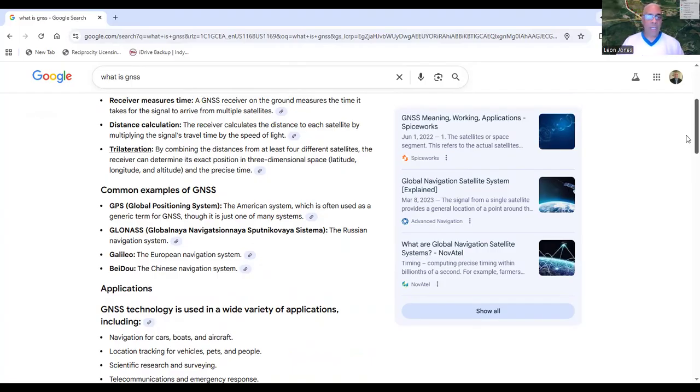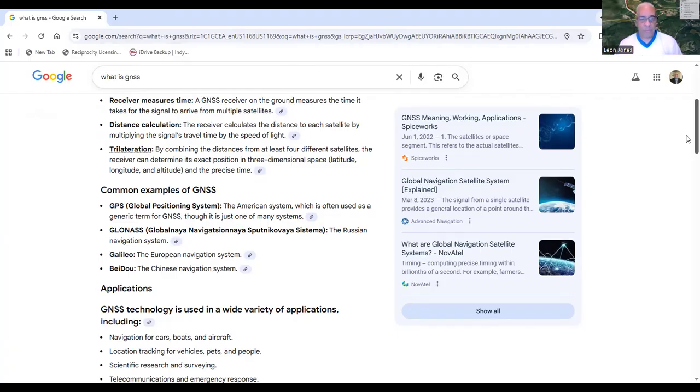Then we have the GLONASS. That's your Globalnaya Navigatsionnaya Sputnikovaya Sistema, which I did pronounce pretty good. That's Russian. That's their navigation system. Galileo, it's a European navigational system.